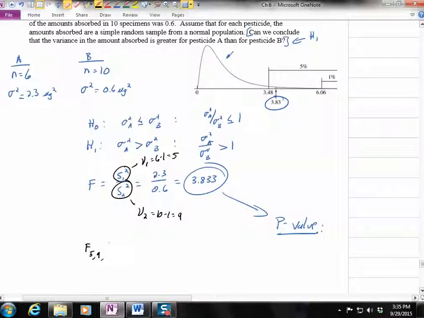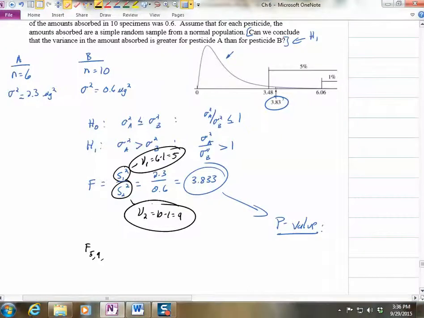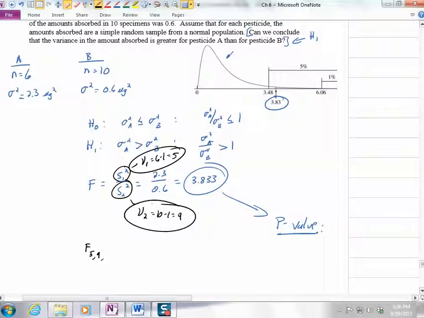The row across the top, is it this one or this one? Should the top one be 5? Top one's 5. As I recall on that table, the top row is the degrees of freedom in the numerator. The first column is the degrees of freedom in the denominator. So you look at 5 and 9.